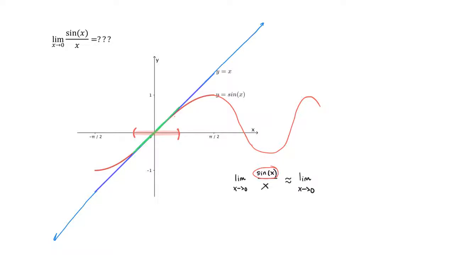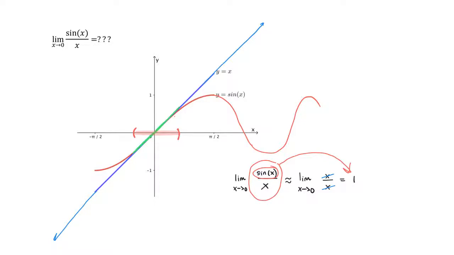So I can do a substitution and say x on top and x below. And whenever we do that, the x's divide each other out and you end up getting 1. And this is the fascinating result here, that this limit, the limit as x goes to 0 of sine x over x, is equal to 1.